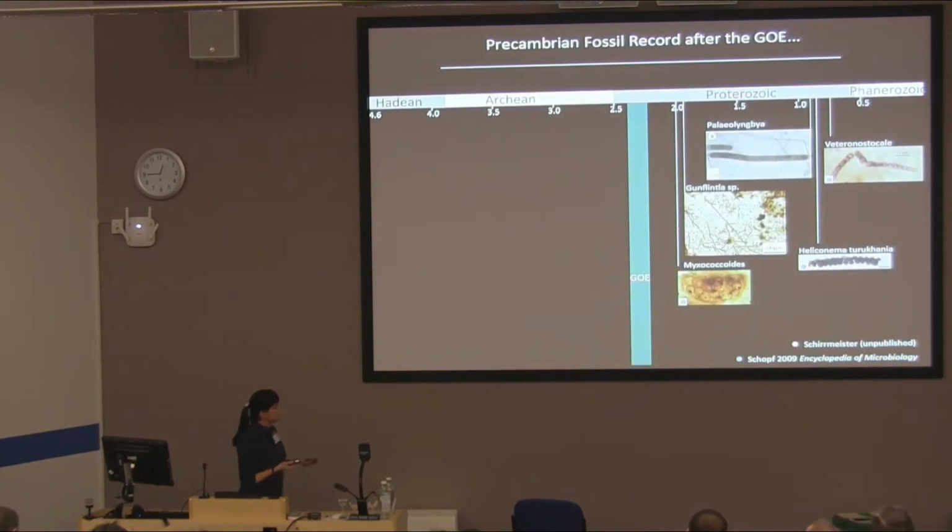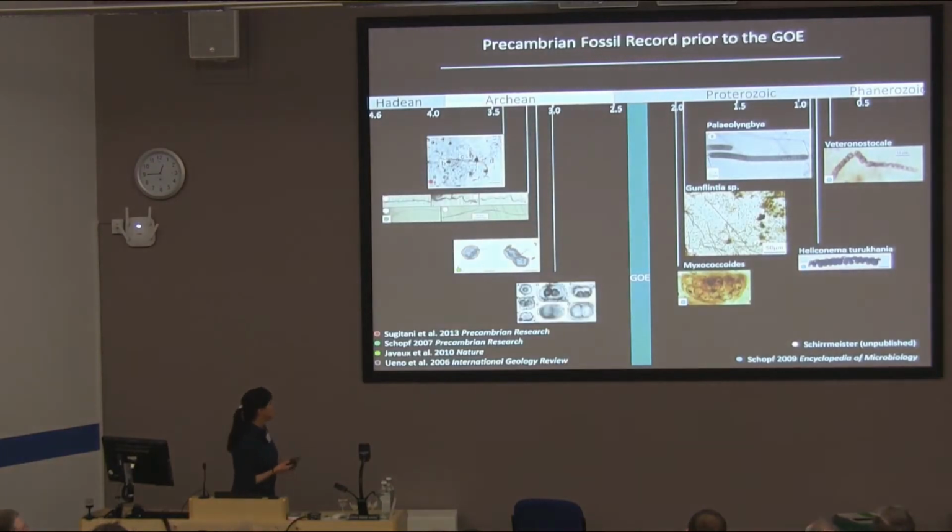If we look at the fossil record, we do see a lot of various types of fossils in the Proterozoic, nice filaments of varying sizes, partly even with really distinct morphological features. We also see a lot of fossils in the Archean Eon, also some filaments and spheres.